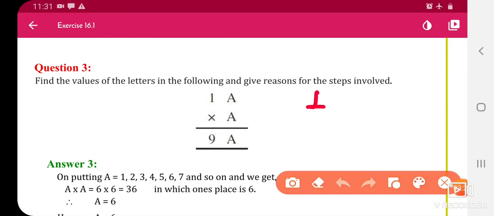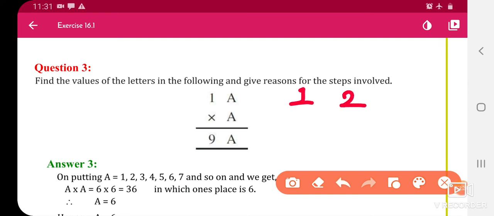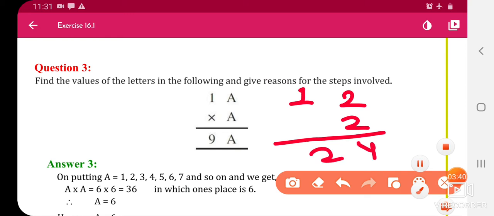When we put 1, here 1 into 1. Okay, so 1 and 1. This is not our answer because we need 9 here. After that we can take the value of A equal 2. So 2 2s are 4 and 2 1s are 2. 24 is not our answer.